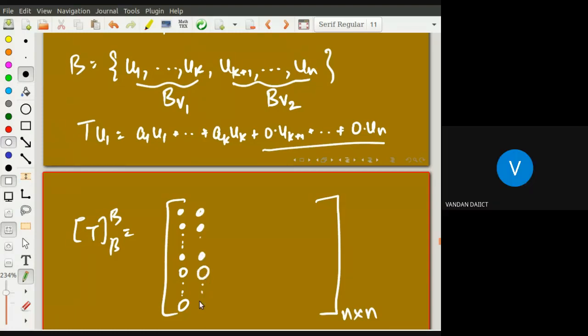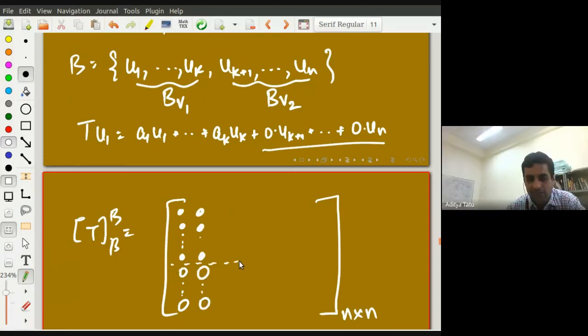We can divide this matrix into 4 parts. Great. Here we don't know. There could be zeros, there may not be zeros. We are not saying that these cannot be zero. All we are saying is we don't know what this can be, but we are sure that everything below these has to be zeros.